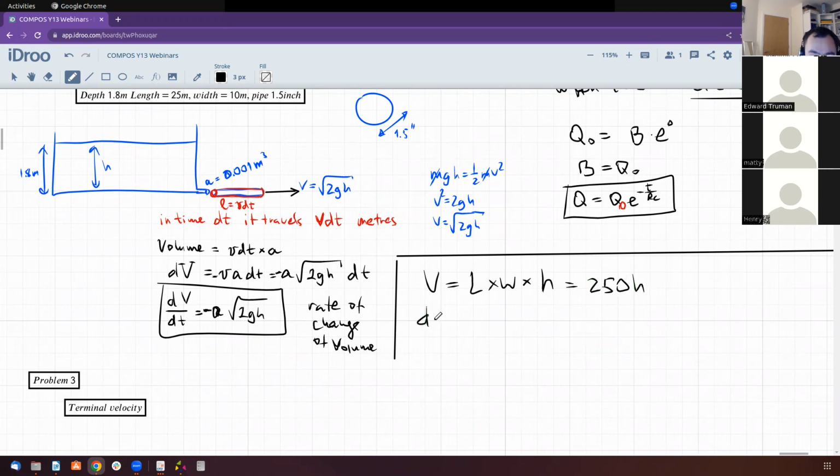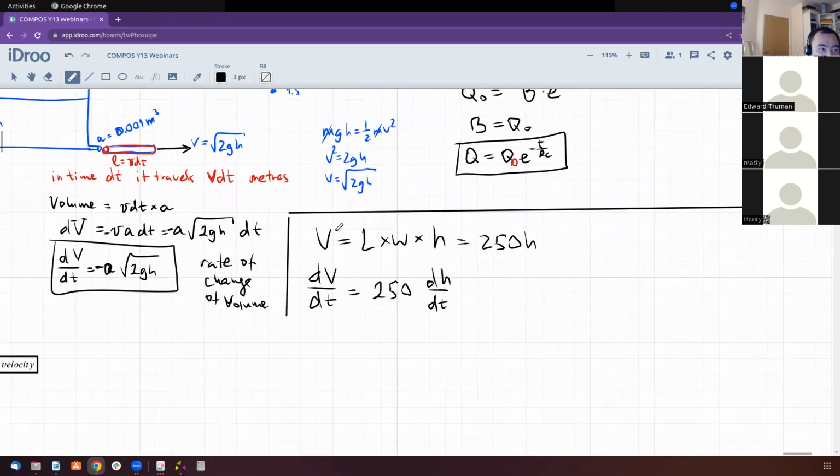Now we can differentiate that. dV/dt is equal to 250 dh/dt. And we can plug that in. So the equation that we had was dV/dt is equal to minus A square root of 2gh. And now this is 250 dh/dt equals minus A square root of 2gh.